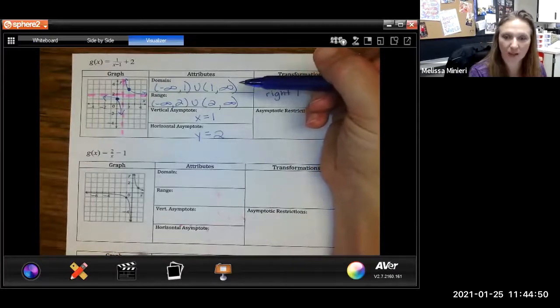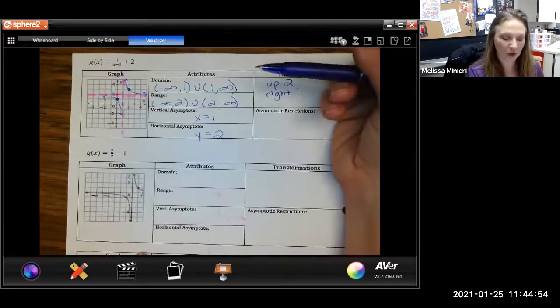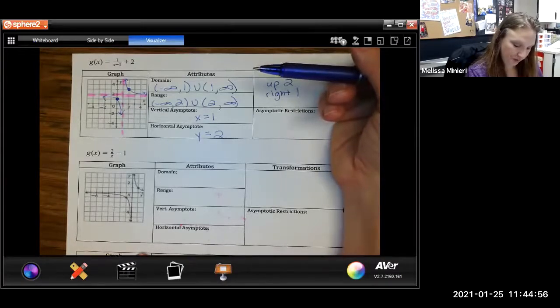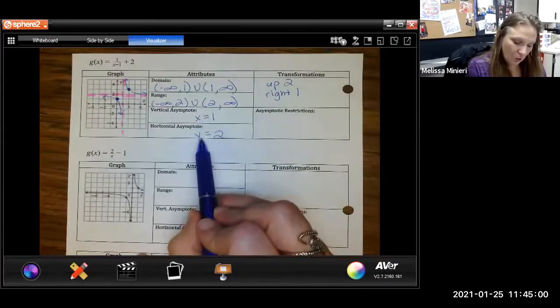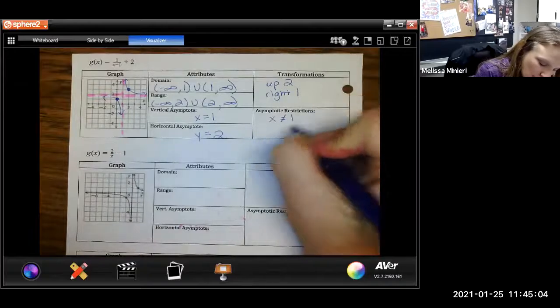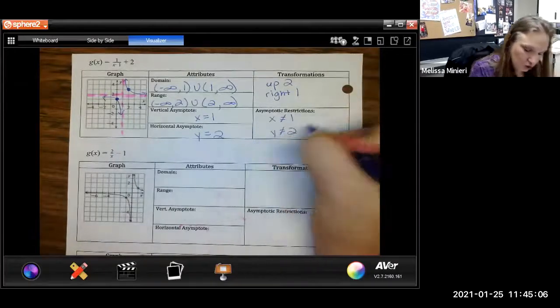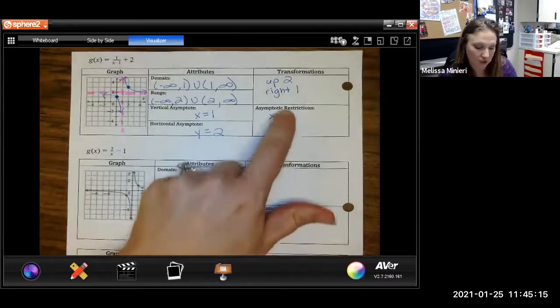You can also write it in words, but I'd like you to practice writing in interval notation so that it becomes familiar to you. And then the restrictions, remember, means the same as just where the asymptotes are, because in this example, x cannot be equal to 1 and y cannot be equal to 2 because there is an asymptote there. So when we write it as a restriction, we just put the not equal to signs there.